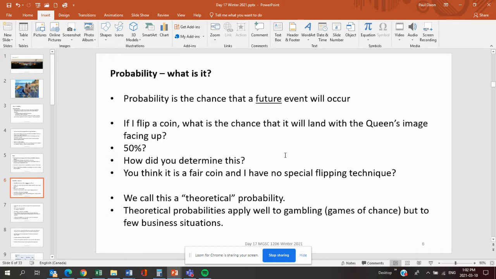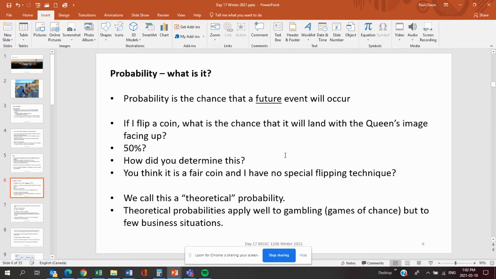Not knowing is not the same as it being a chance event. Because I know the answer and they don't, their probability, they're saying, is 50%. My probability is either 0 if it's the caribou, or 100% if it's the queen. How can we both have different probabilities at the same time about the same thing?